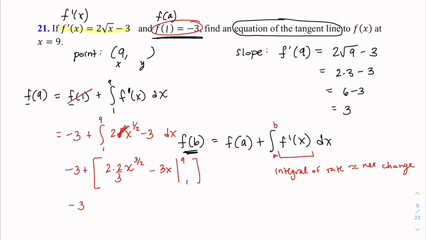So this becomes 4/3. So we really have 4/3 times 9 to the 3 halves minus 3 times 9, minus (4/3 times 1 minus 3 times 1).